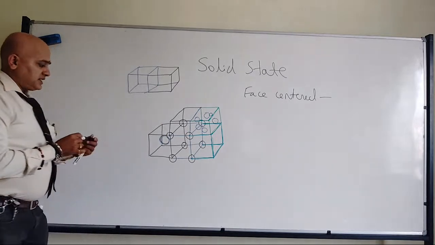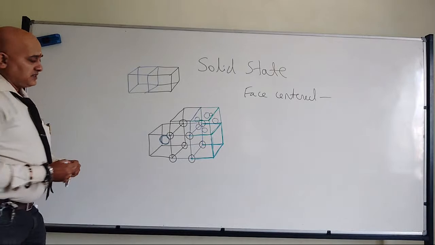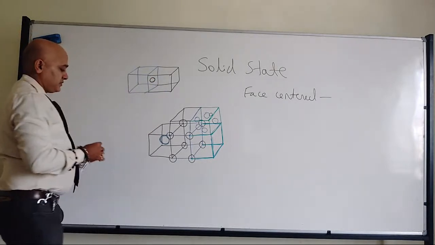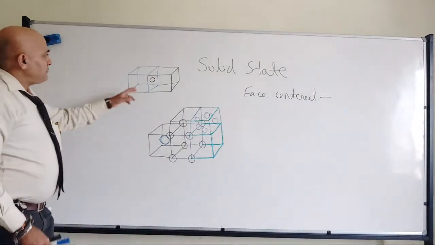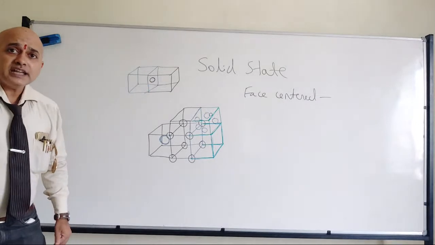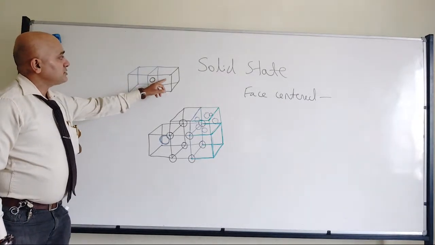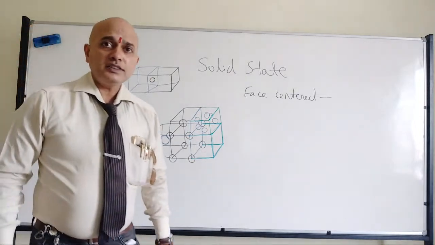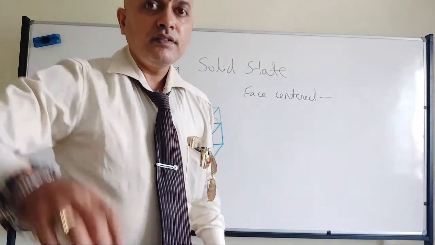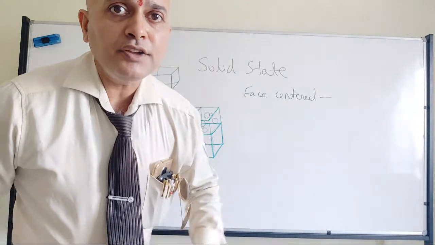So imagine we have the 2 neighboring unit cells, and in the center of the face we have 1 atom. The same way we have on the other faces also. We'll focus on this one. Now can you imagine this atom belongs to this unit cell, and it belongs to the other one also. Now got the point, Purnima? Have you understood? Fine? Oh, you have written S. I thought you had written 5.